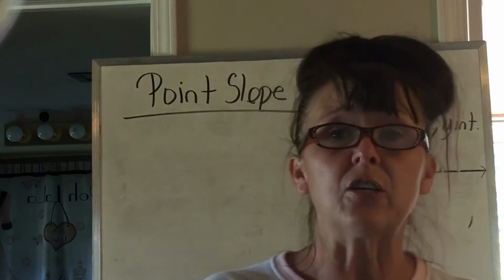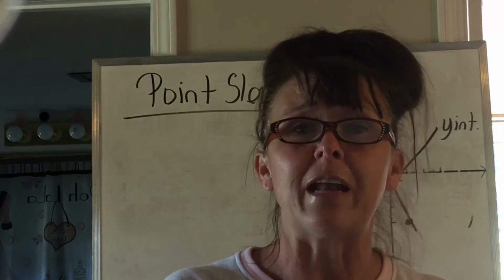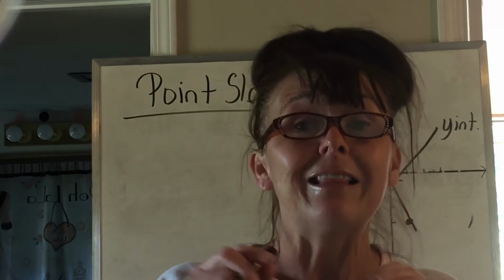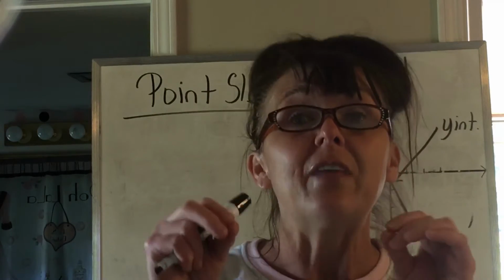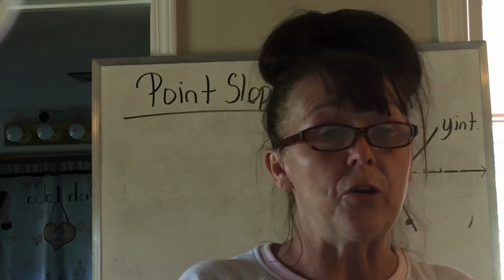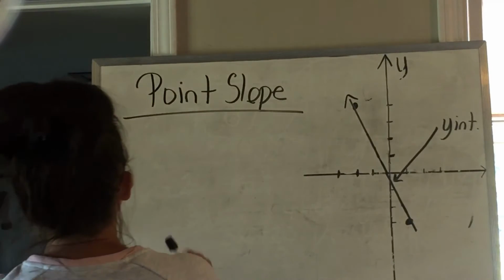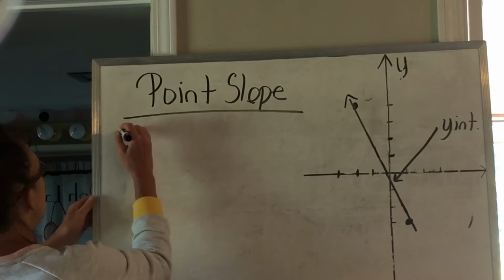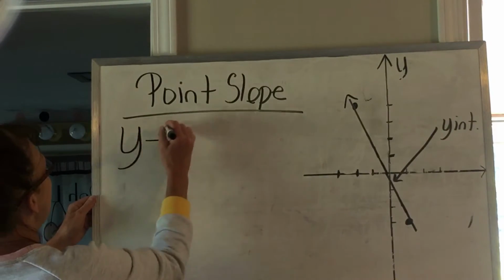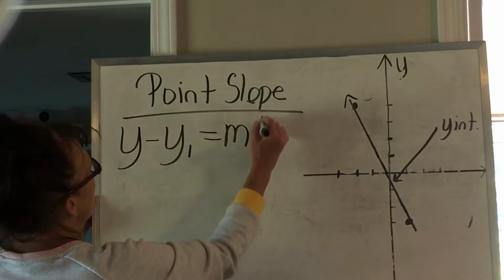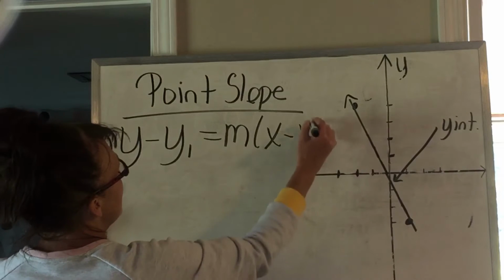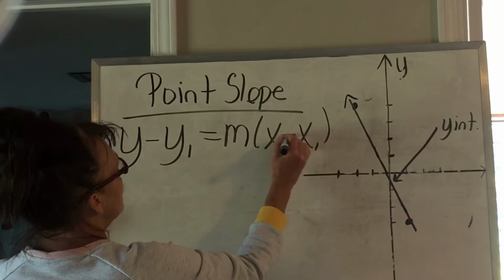So I'm going to write the equation, but then I know that I'm going to have to find a point that's on the line, and I have to find the slope of that line too. So here we go. The formula is y minus y1 equals m parentheses x minus x1.